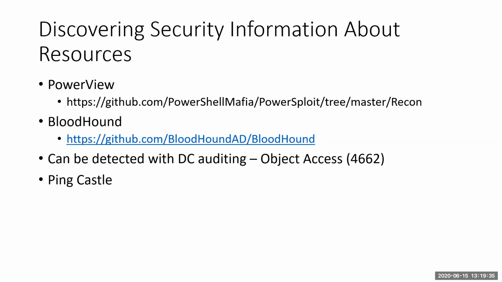What hosts have what permissions, what users can access, weaknesses and permissions. You could query nodes. We'll go over a little bit, but it's quite a bunch of useful information. Really good for analyzing your environment. These tools can also be detected with domain controller auditing, because they query the domain controller. So that's Object Access 4662.